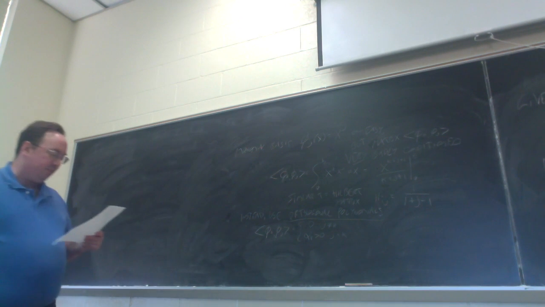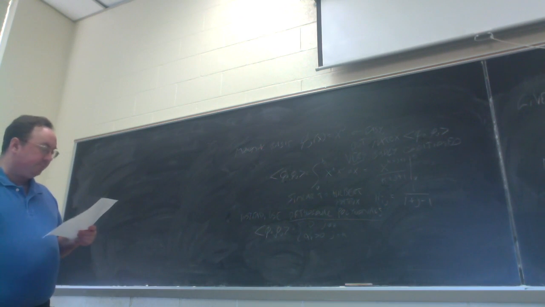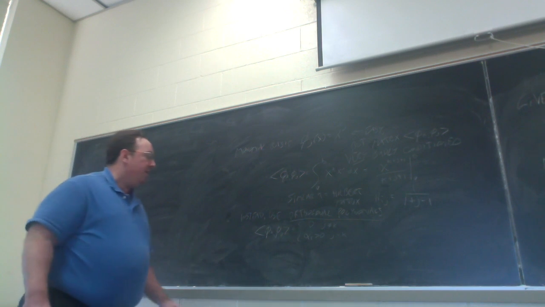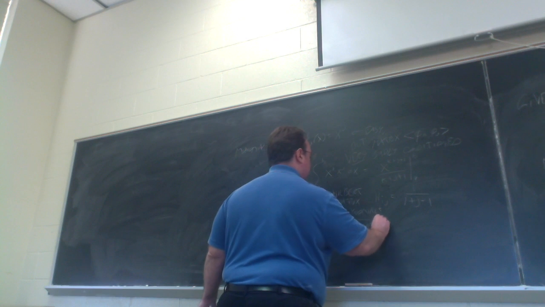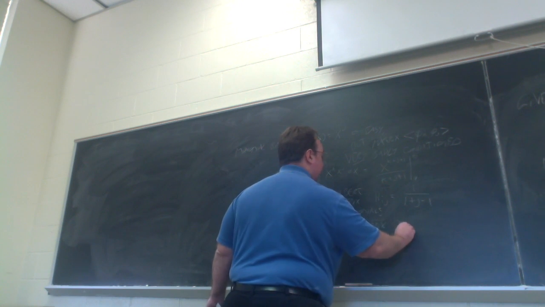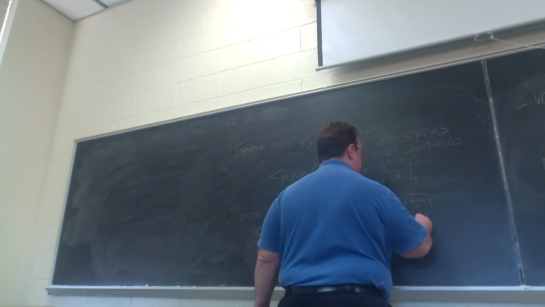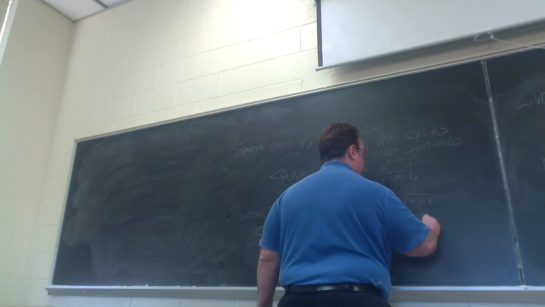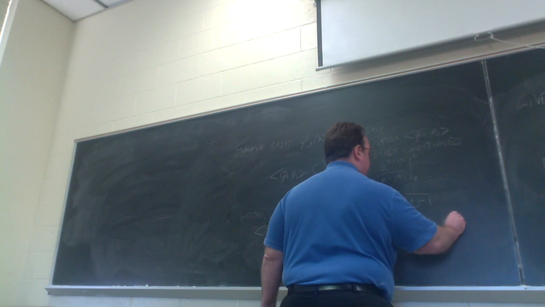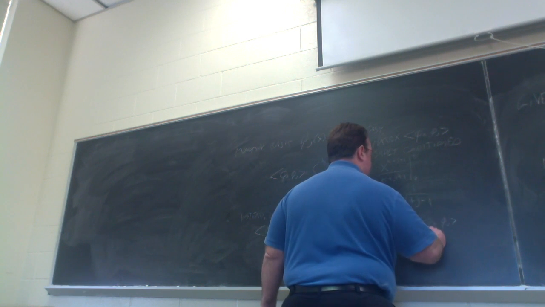So in that case, then the matrix with entries a_jk or a_kj, which is the inner product of phi k and phi j, is a diagonal matrix.